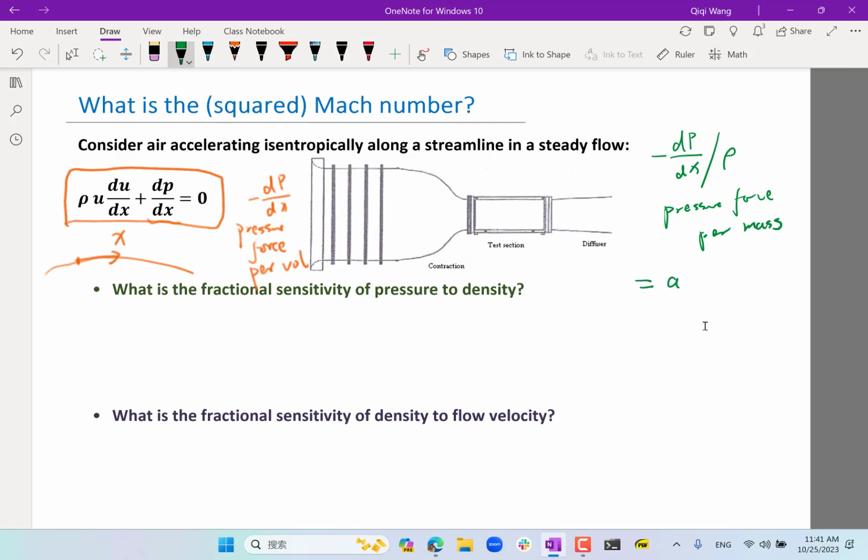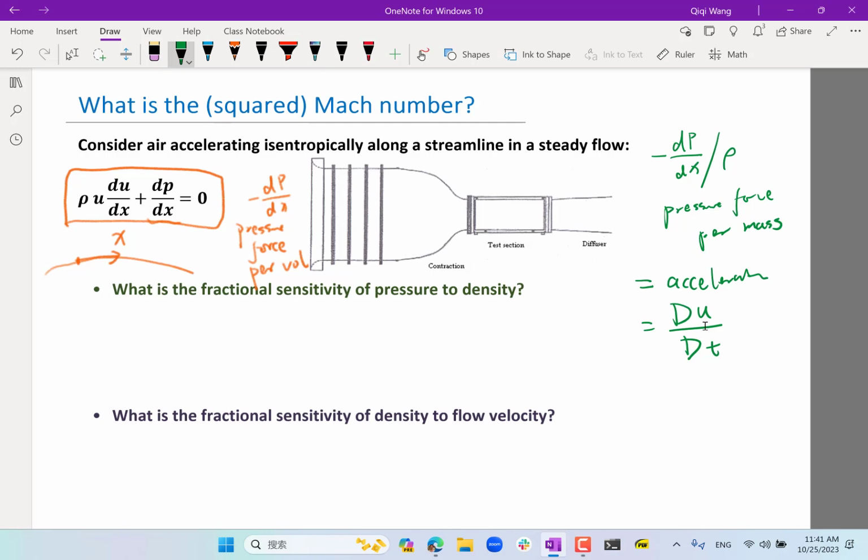The pressure force per mass is equal to acceleration, which is equal to Du over Dt, where D is the material derivative. So if we follow a particle along the streamline, how fast is the velocity changing as we follow it? Now, in a steady state flow, Du Dt is basically u times du dx.